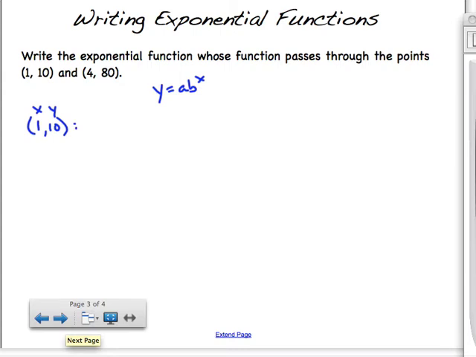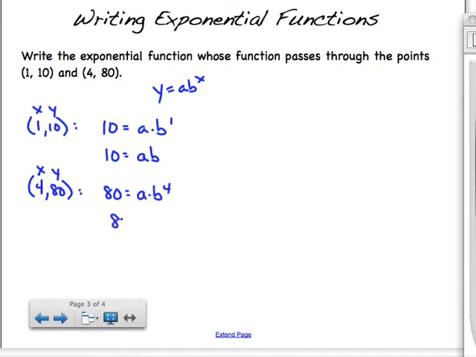It means 10 equals, because y is 10, a times b raised to the first power, which condenses down to a times b. Similarly, if I do that same thing for (4, 80), my x is 4, my y is 80, plug it into that generic form, so I have 80 equals a times b to the fourth power. So that breaks down into 80 equals ab to the fourth.